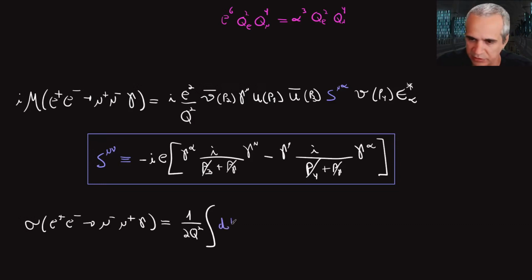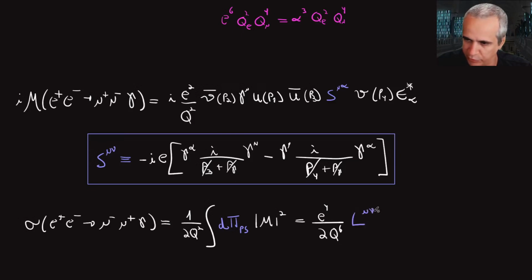Let's call this d pi phase space, the Lorentz invariant phase space. And then, of course, this, where m is this object. And that I'll write, once I do the phase space integration, in this way: e to the 4th, 2 over Q to the 6th. And I'll define two objects here, which are very useful: L mu nu and X mu nu.